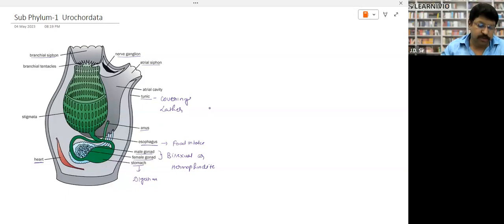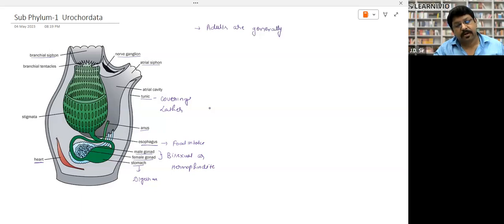If clear, please note down the general characteristics of Urochordata. Adults are generally sedentary.